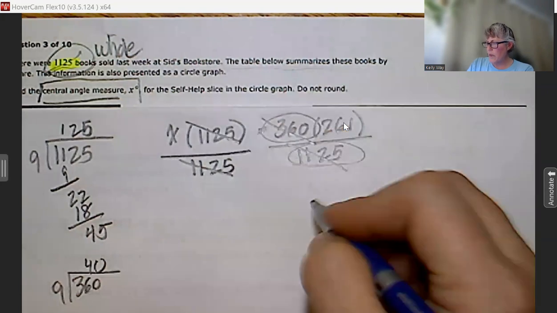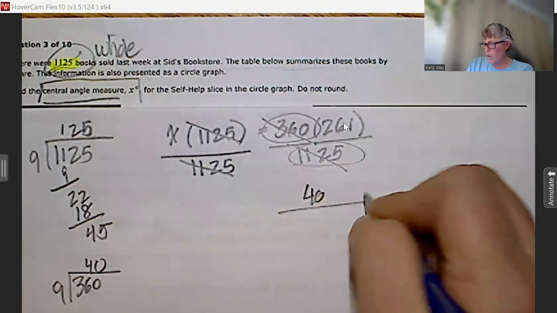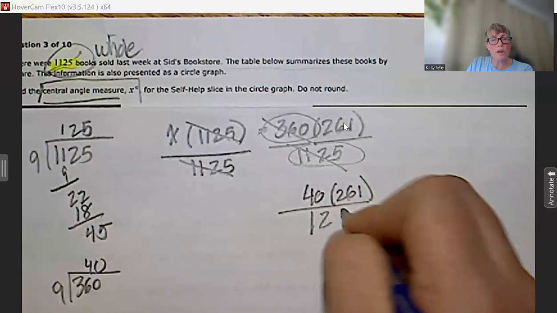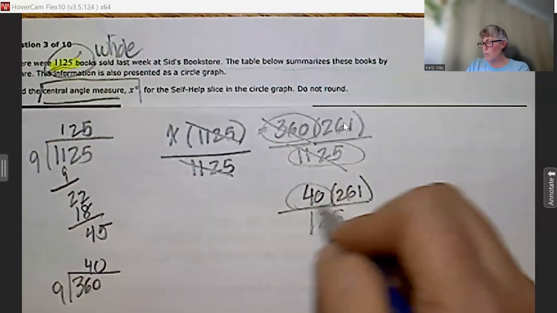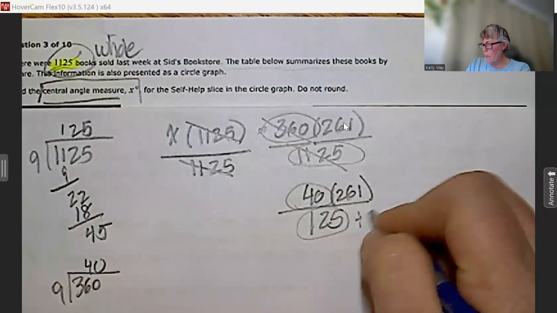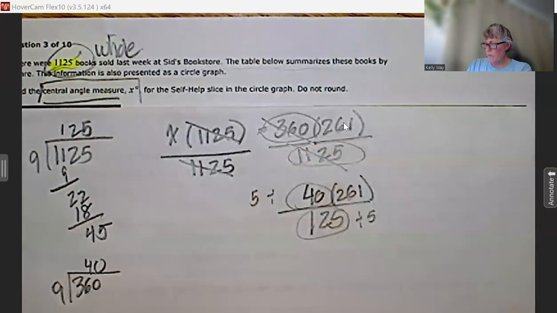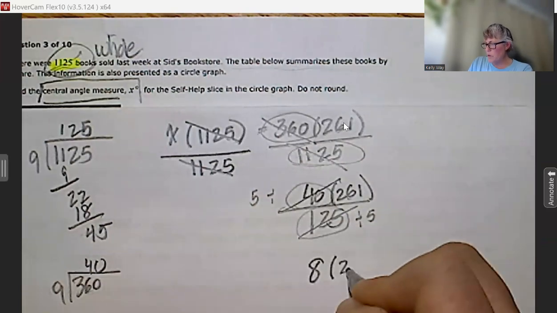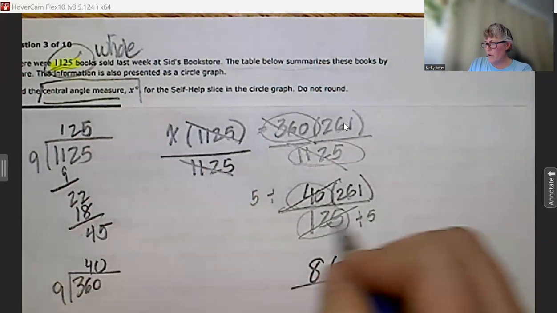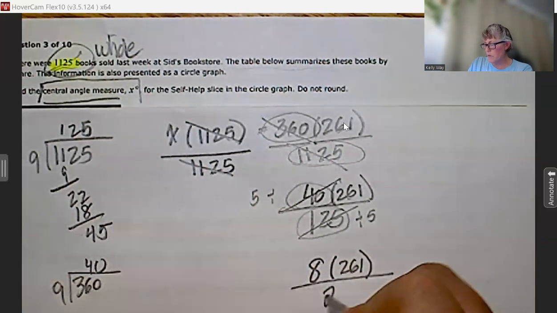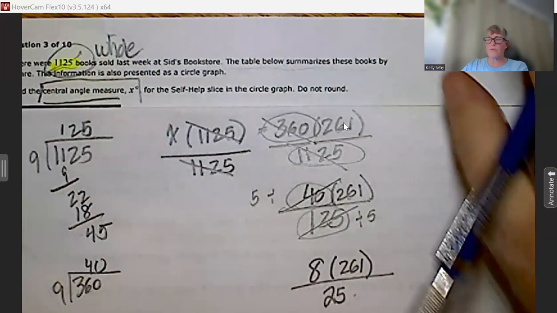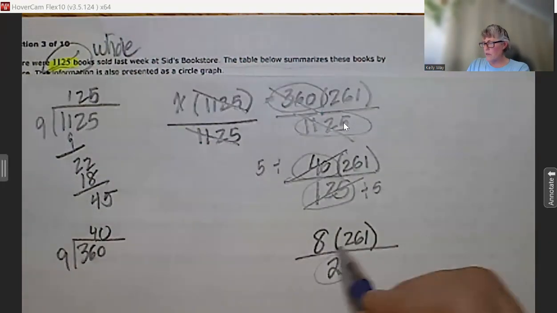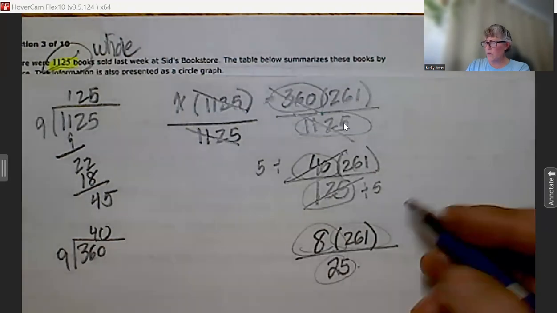So cancel, cancel. So on top I have 40 times 261 over 125. These are both still divisible by 5. So cancel. I know 5 goes into 40 8 times, and 5 goes into 125 25 times. Is there any additional thing I can do here? 5 doesn't go into either of these.